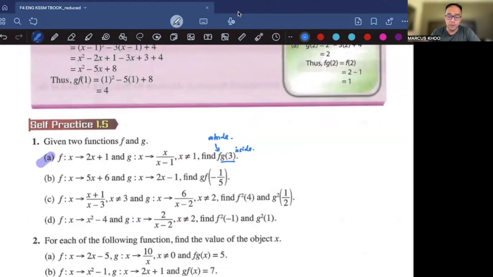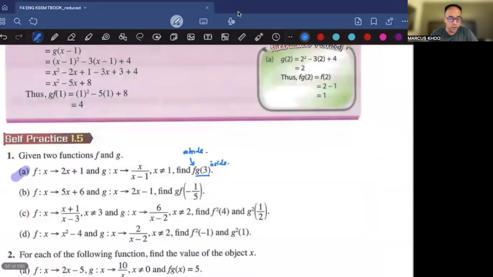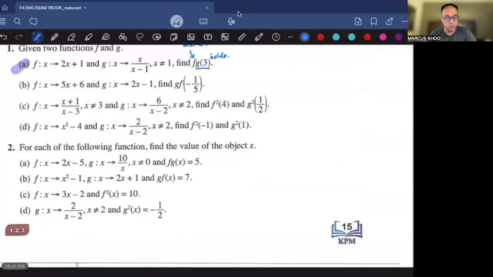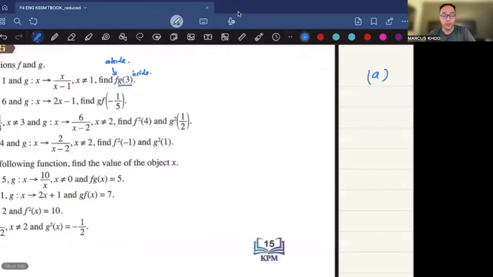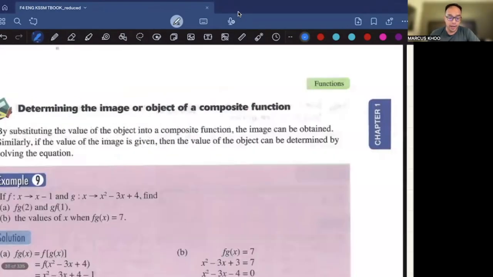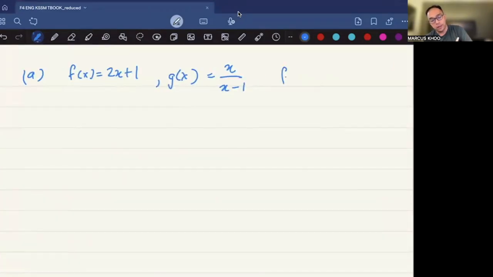Let's begin. Question 1a. The two functions are f(x) equals 2x plus 1 and g(x) equals x over x minus 1. The question asks us to find fg(3).